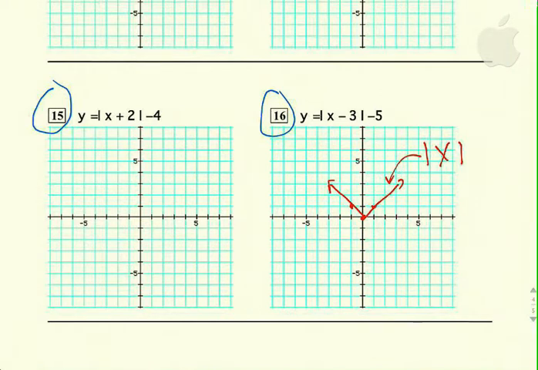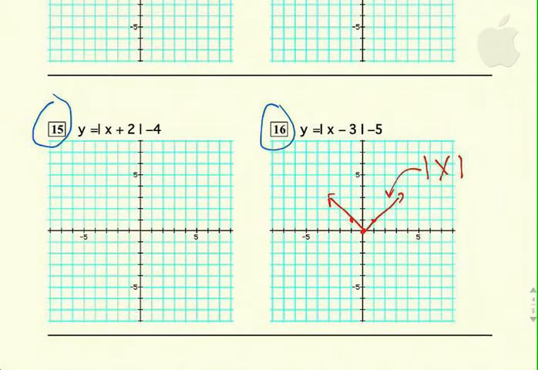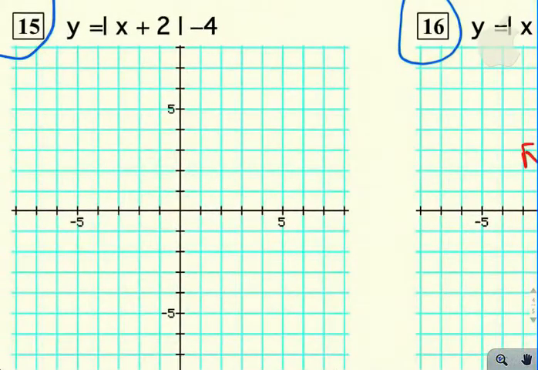Well, we're going to have to move that red graph to the left 2 and down 4. So if we move it to the left 2, down 4, the vertex will now be right here.